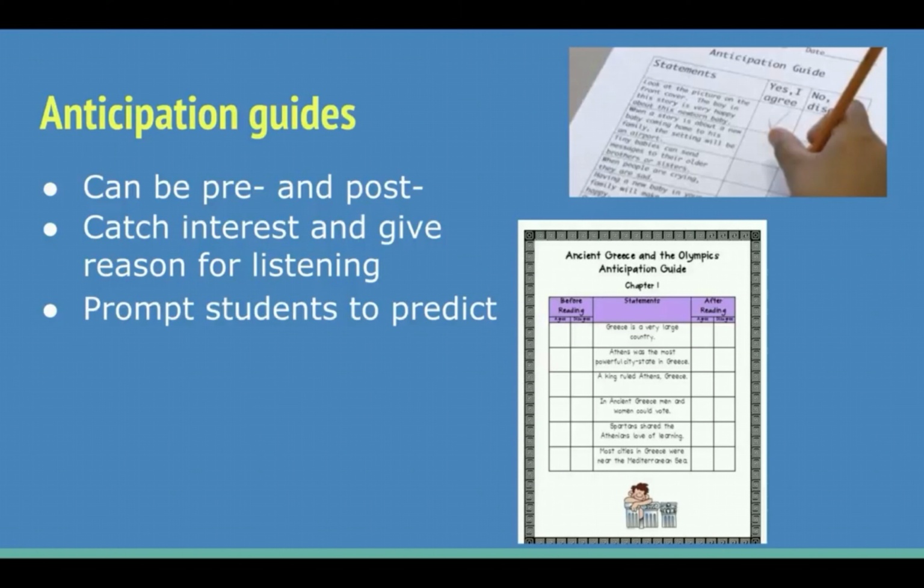So they have an understanding of what content is about to be explained, and it helps them to stay focused as you go through. These are also helpful for students who have ADHD. And you can prompt the students to predict what might happen before, and then you might give them a column where they need to write some facts that they hear during, and then another column where they sort of respond to what actually happened during the story or during the activity.